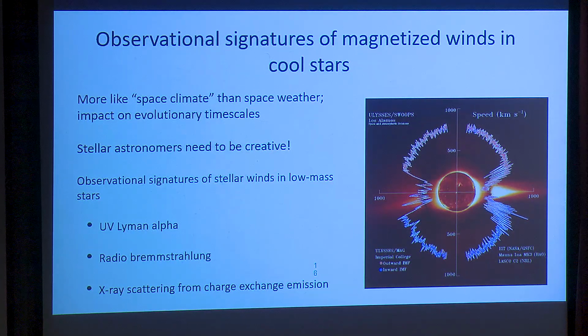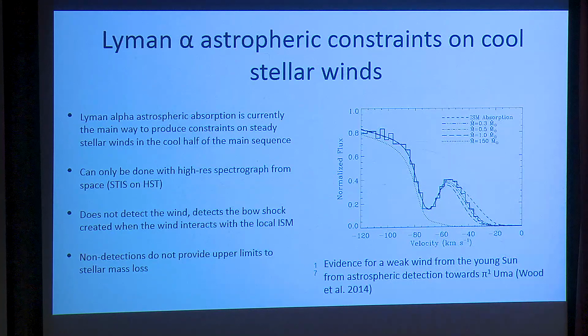Stellar astronomers need to be creative when we get to looking for signatures of winds. We've already heard a little bit about UV Lyman alpha. I'm going to talk also about radio bremsstrahlung and X-ray scattering, which we've also heard about. So fortunately, I can speed through this. Lyman alpha astrospheric constraints on cool stellar winds.